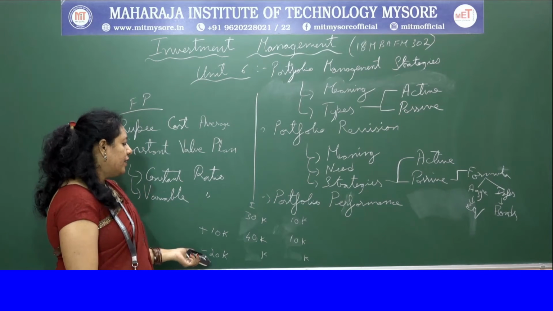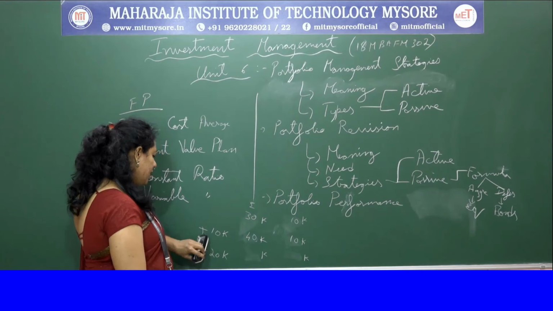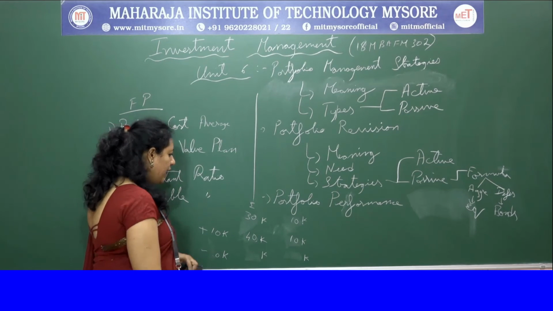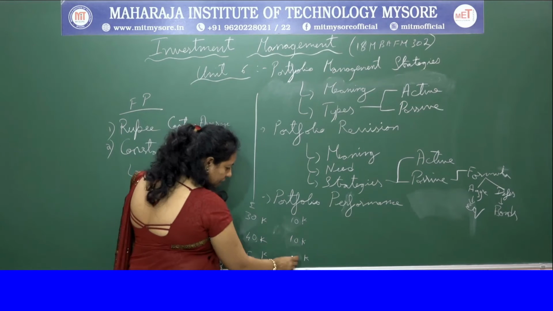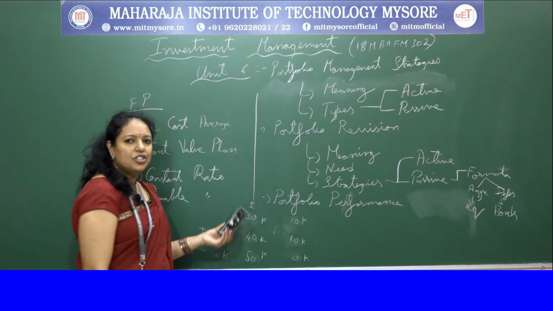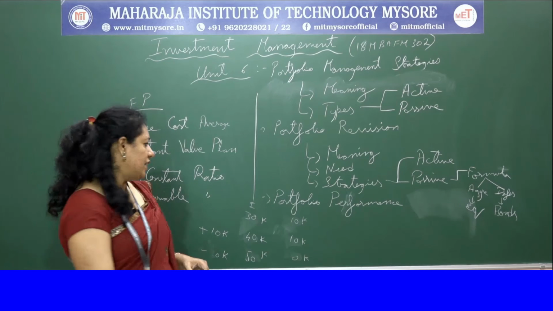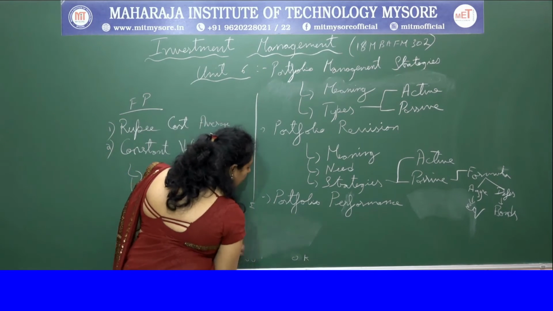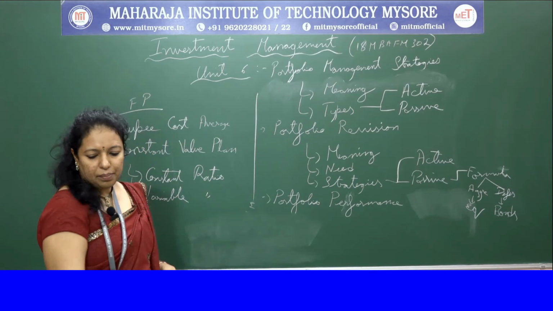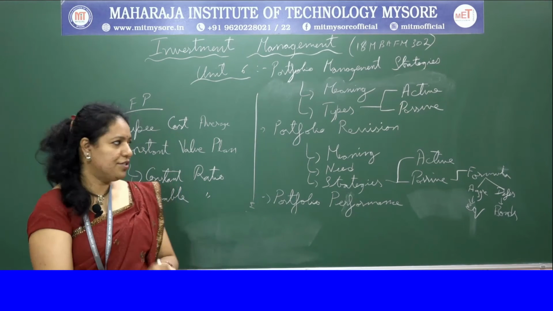If you have to deduct again 10 from these, if the bonds are not performing well, you take out and invest more in this. There is no particular ratio fixed. As and when things change, you can make the changes. Okay, this is about the variable ratio plan. Hopefully you have understood this.